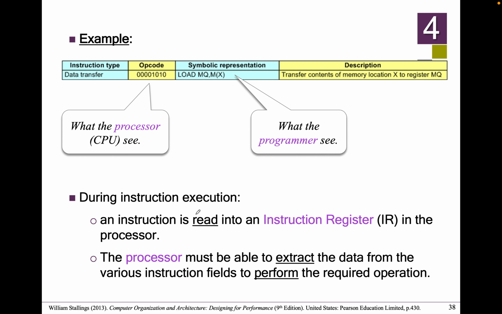So during instruction execution, when a single line is read into the instruction register, IR, in the processor, the processor must be able to extract the data from the various instruction fields to perform the required operation.